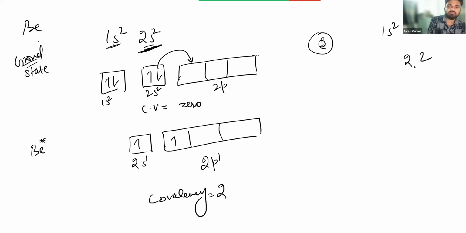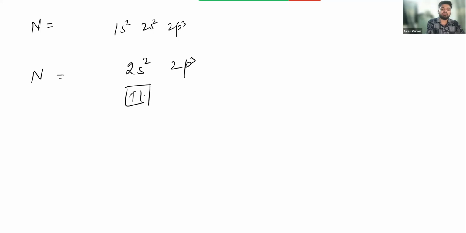Similar for nitrogen. What is the covalency of nitrogen? Tell me. Nitrogen is going to have electronic configuration 1s2, 2s2, 2p3. So in the ground state, it is going to have 2s2 and 2p3. So it is completely filled.